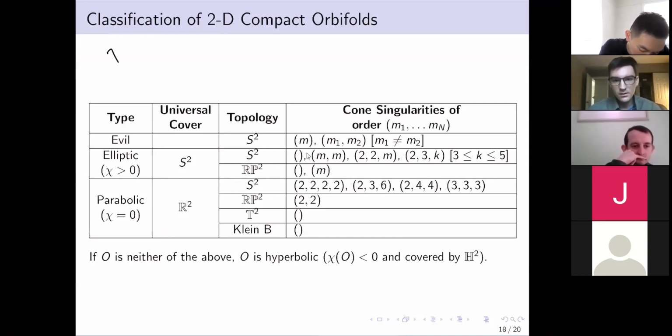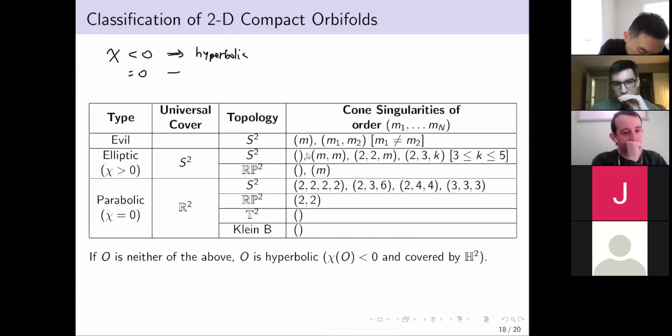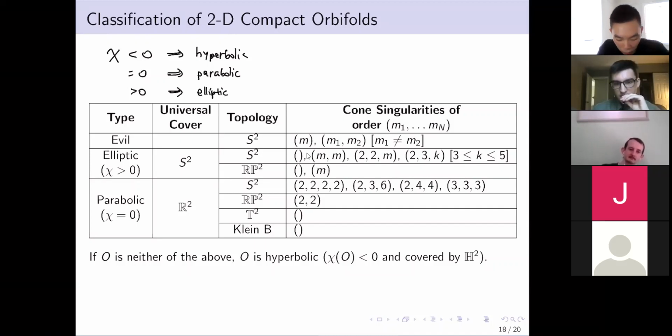When the Euler characteristic is negative, this is what I call hyperbolic. When it is equal to 0, you can call it flat or parabolic. And if it's greater than 0, typically this is what we call elliptic. But there will be a bit of a problem, because the evil ones do exist.